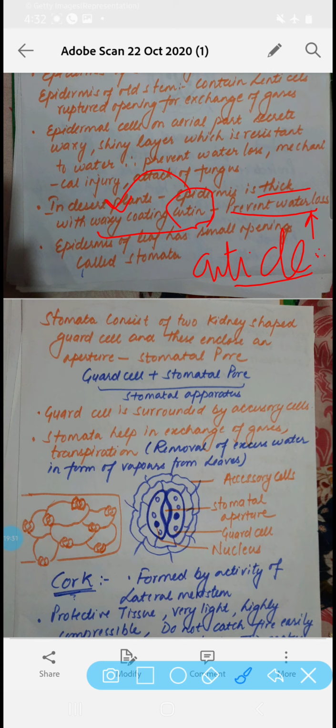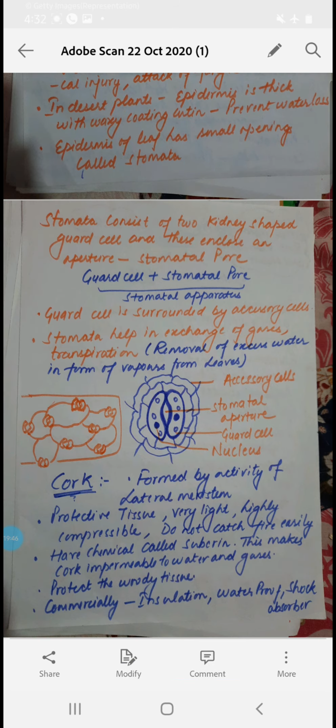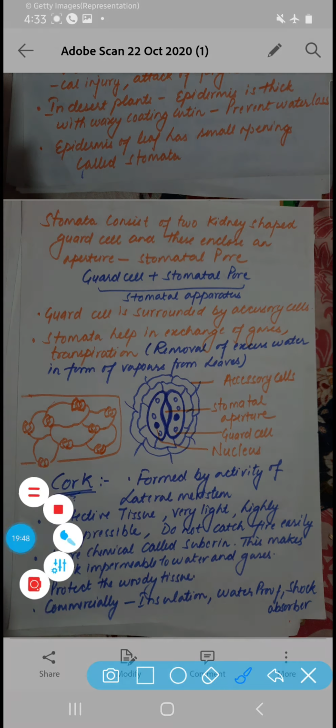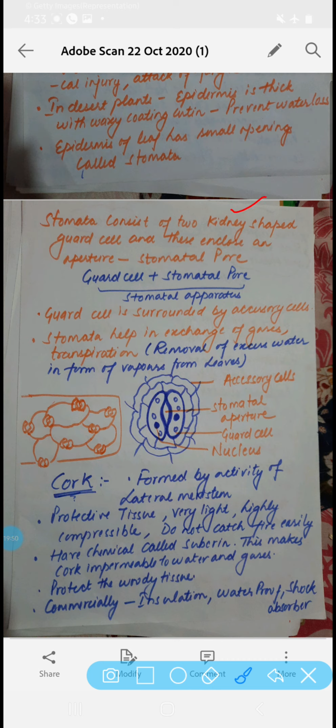Now the epidermis of leaf and the green soft parts have small openings called stomata. They have very minute openings called stomata. Now these stomata consist of two kidney-shaped, or we can even say bean-shaped, guard cells.